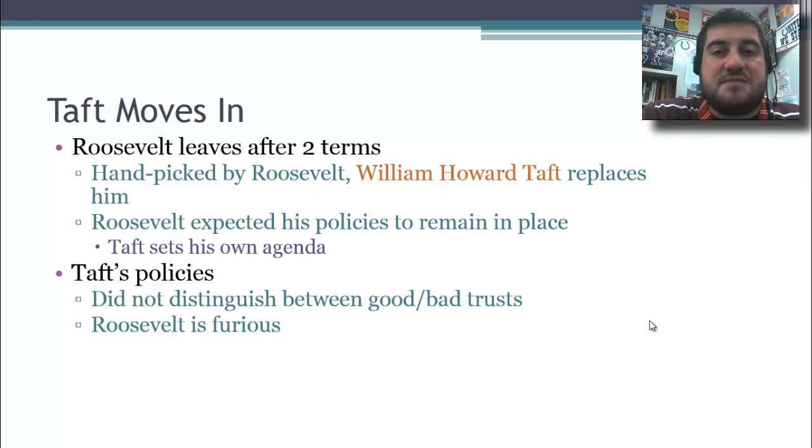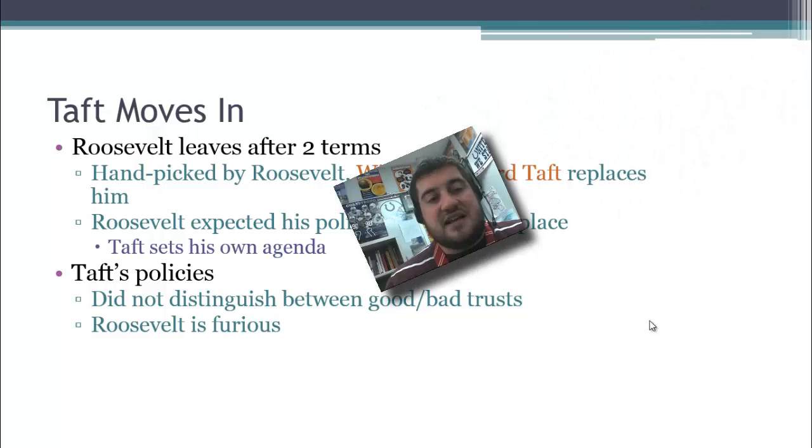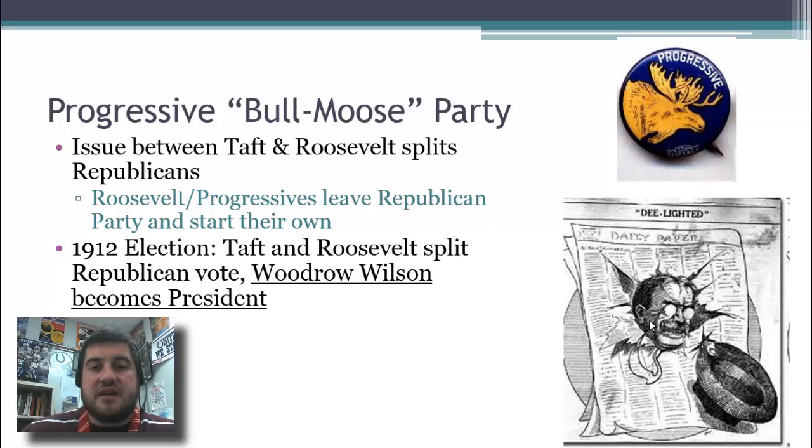So William Howard Taft is president, elected in 1908, serves through 1913, and in the election of 1912, this splits the Republican Party. So a lot of the Republicans vote for Roosevelt, and not that many Republicans vote for Taft.